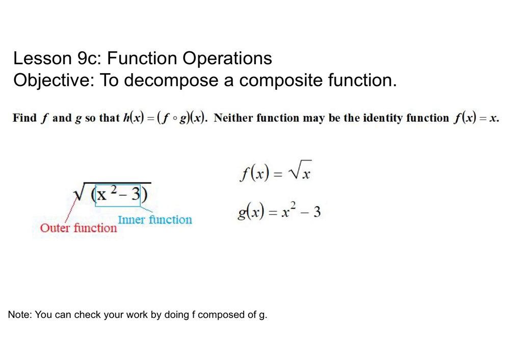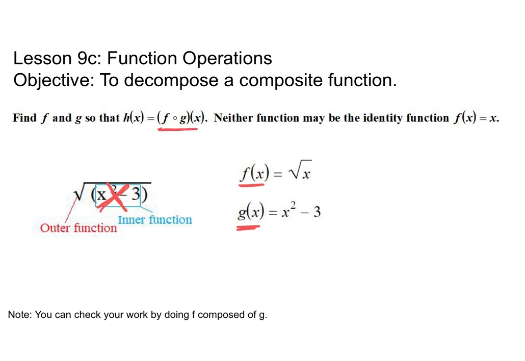So in this case, if I were to pull out the x squared minus 3, the inner function, that thing that I pulled out will be my g of x. And then my f of x will be whatever is left over when I pulled out my inner function. So when I pulled out the x squared minus 3, I would be left with just the letter x in that radical. So that will be my second function, f of x.